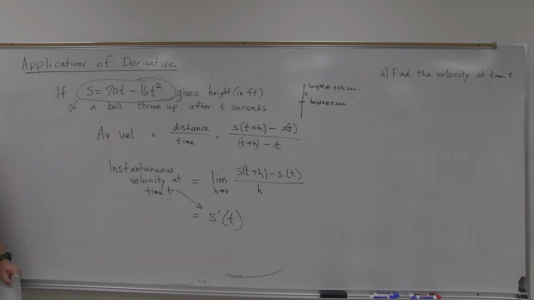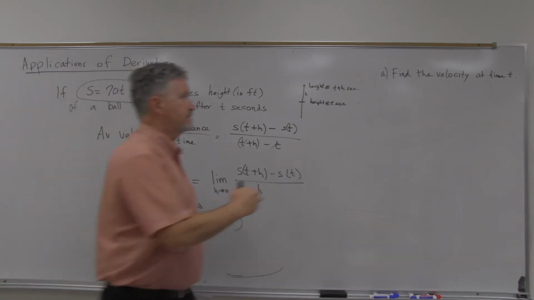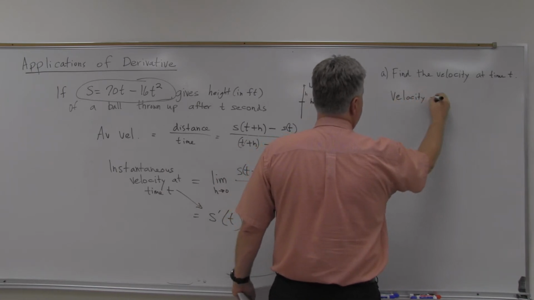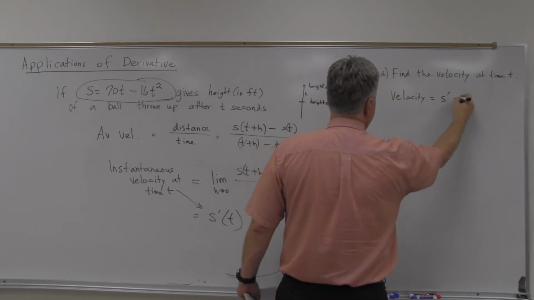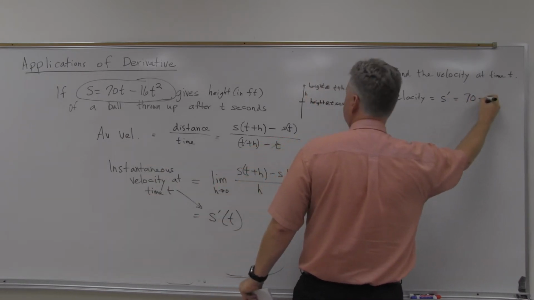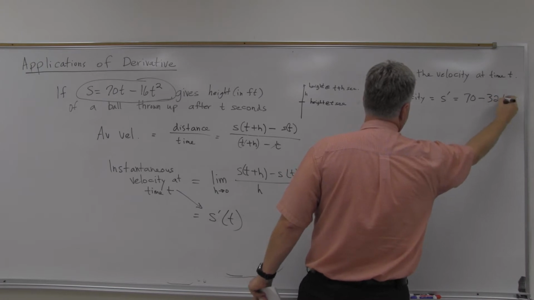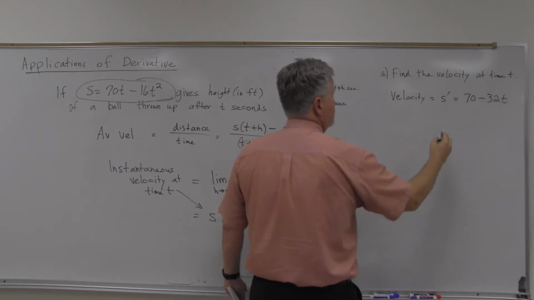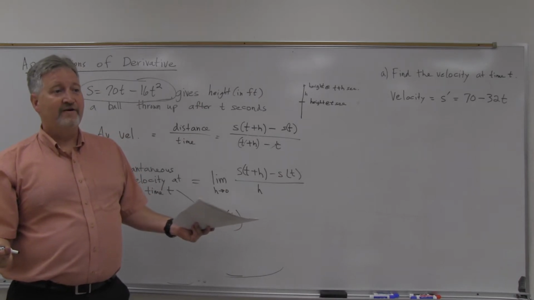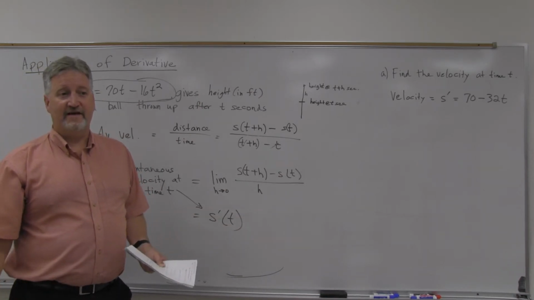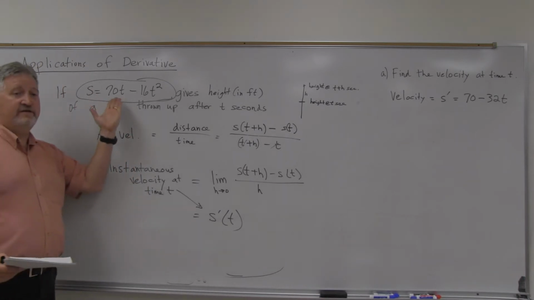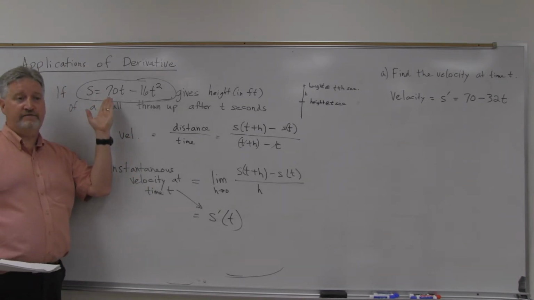So what's the velocity going to be at time t for this particular function? Well, at time t, the velocity is going to be equal to the derivative, which here is very easy, 70 minus 32t. So at any time t, give me that t value, and I can tell you what the velocity is at that particular point. And that's pretty nice, because all I'm given here is the height function of the ball.